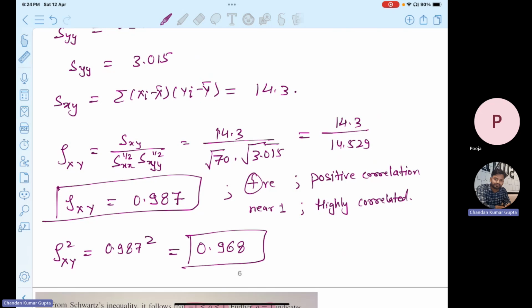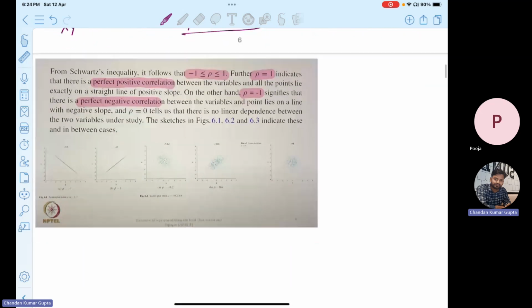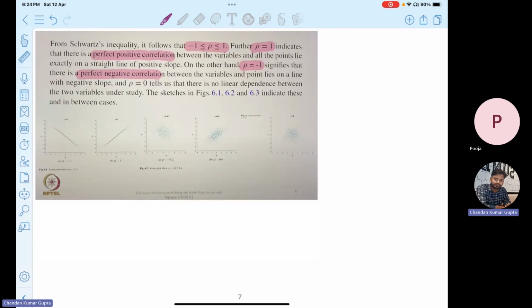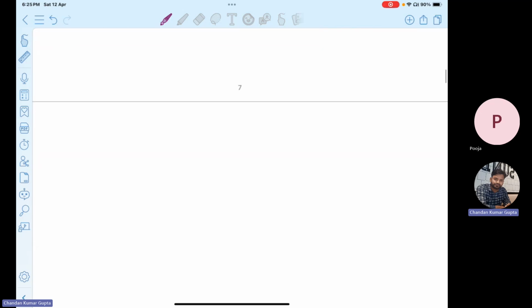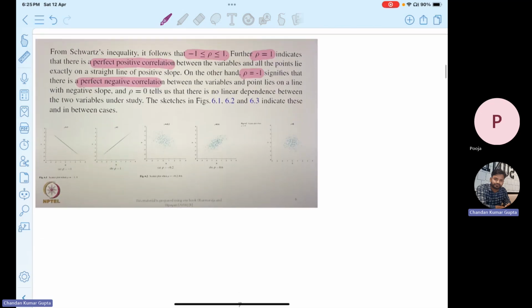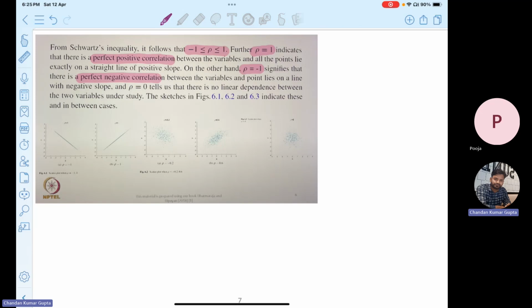Okay, is there any question up to this point? Then let's go to the next slide. We have already discussed these things, but let's discuss one more time. From Schwarz's inequality, it follows that the value of rho lies within -1 to +1.